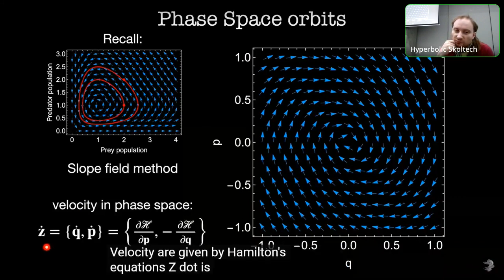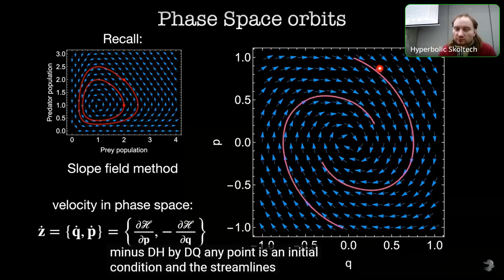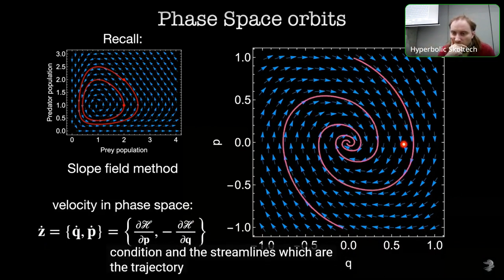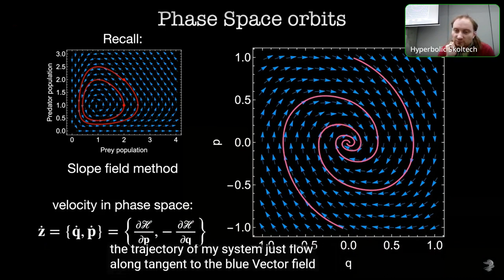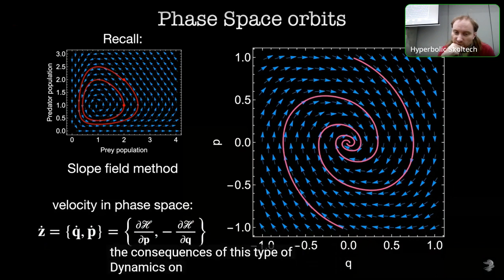Z dot is equal to dH by dP and minus dH by dQ. Any point is an initial condition, and the streamlines, which are the trajectories of my system, just flow along tangent to the blue vector field. In the rest of the video, we'll explore the consequences of this type of dynamics on phase space.